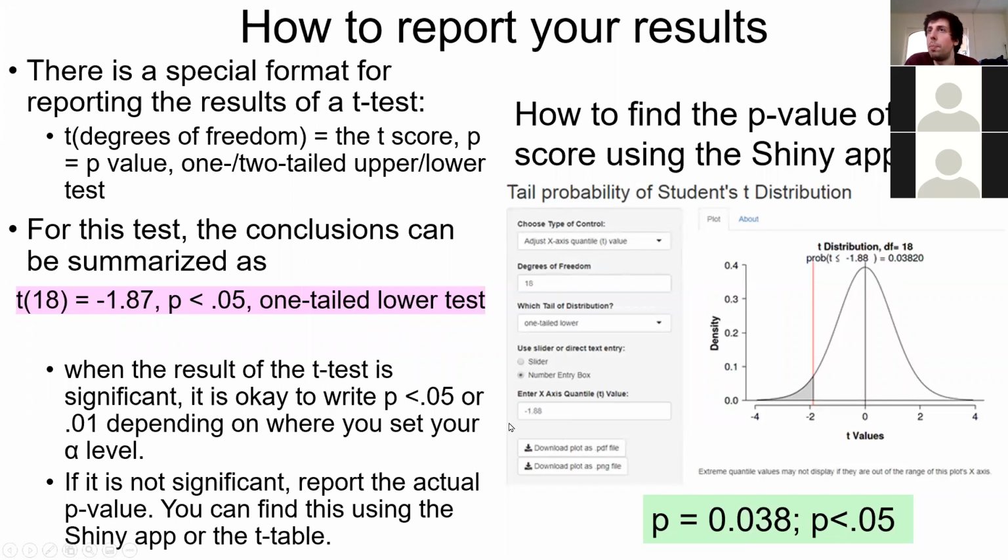So for a t-score of minus 1.87, which here I think I rounded to minus 1.88, it tells you that the p-value associated with a t-statistic of minus 1.88 for a t-distribution with 18 degrees of freedom with a one-tailed lower test is 0.038, and that is less than the alpha value, and so that's just an alternate way of deciding whether to reject or fail to reject the null hypothesis.